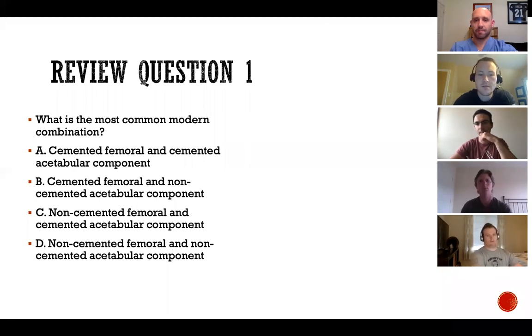A, a cemented femoral component with a cemented acetabular component; B, a cemented femoral component with a non-cemented acetabular; C, a non-cemented femoral with a cemented acetabular component; and finally D, non-cemented components for both.